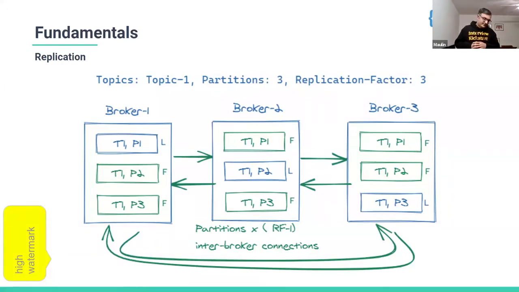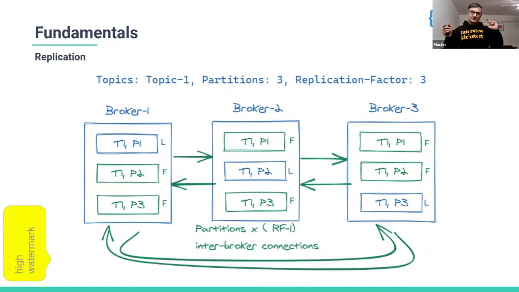Now, when one of the brokers goes down, let's say broker 1 goes down, then another broker, either broker 2 or broker 3, will be chosen as the new leader of the partition. So T1 P1 could be led by broker 2 or broker 3.